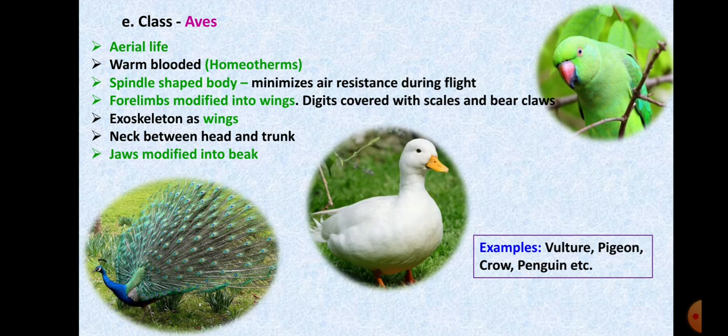Exoskeleton, yes, as wings. Neck is present between head and the trunk, and the jaws are modified into the beak for easy method of eating, for comfortably eating whatever their prey is. Few examples are vulture, pigeon, crow, penguin, and many more birds you can add into it.